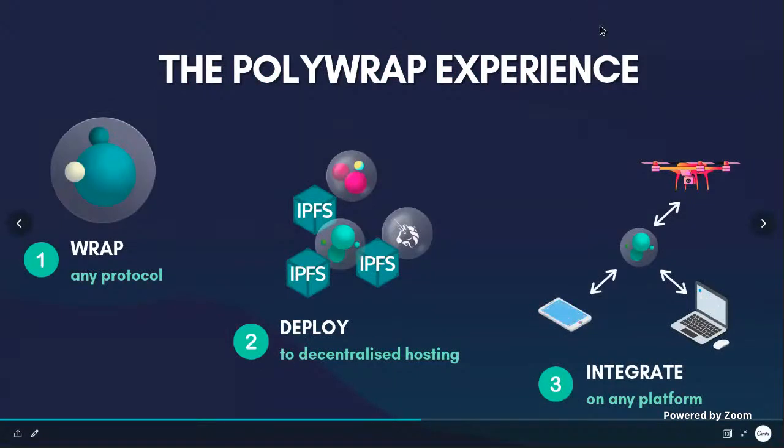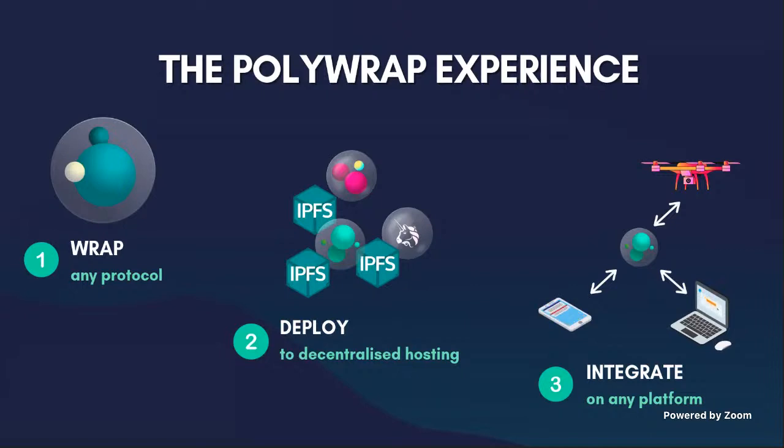Here's a very high-level overview of the Polywrap experience. First, you wrap your protocol, meaning you write all your protocol business logic, like a Uniswap swap function, in a language that compiles down to WebAssembly, like AssemblyScript. Next, you deploy your polywrapper into a decentralized hosting service like IPFS.